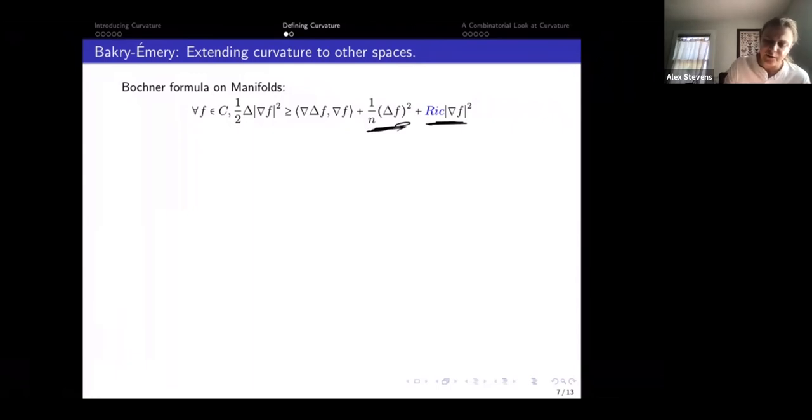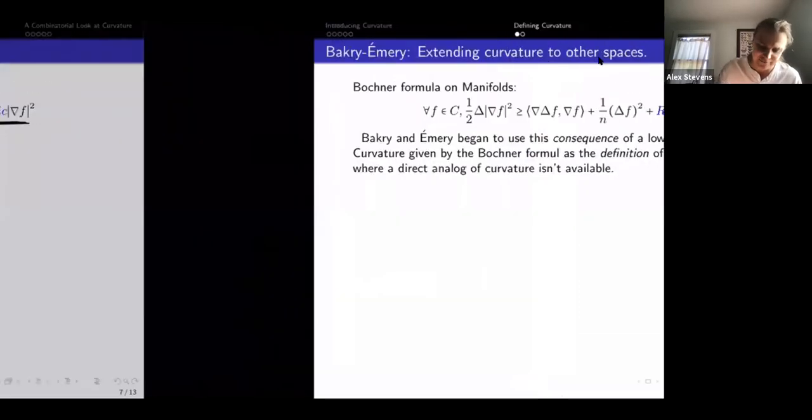A lot of lower bounds on curvature in manifolds are not used directly. They're used indirectly through a Bochner formula or something like this. It turns out that this has a very good translation to the graph setting.